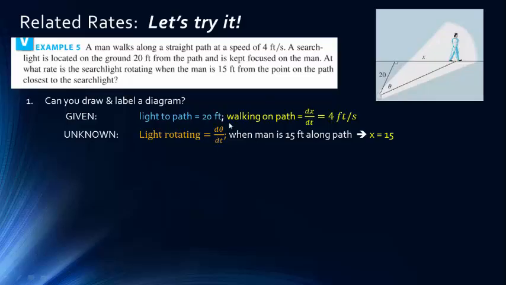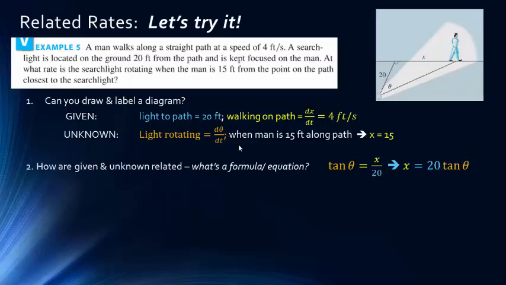And what do you expect for d theta dt to be? Well, I can see here that as this guy moves along, the angle is going to get bigger and bigger, so I expect this d theta dt to also be positive. So that's a way to mentally check my answer at the end. Not a complete check, but a good one.